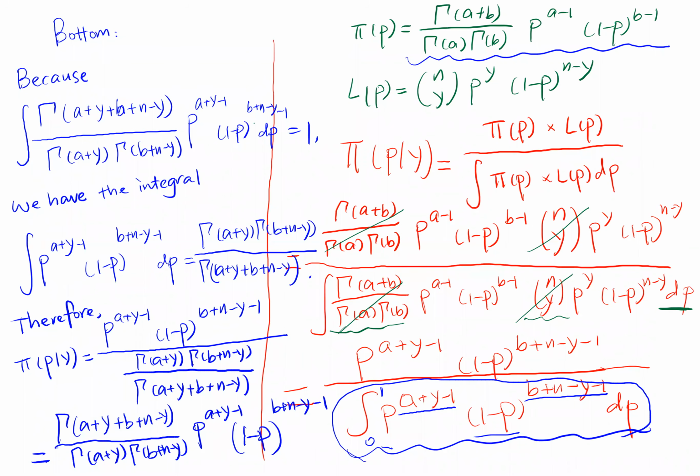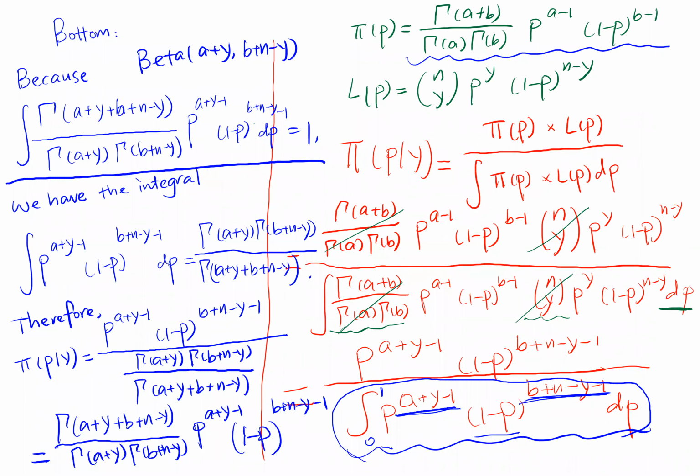And if we utilize that information by recognizing the powers, we are able to say that we do have this as given, right? This is just, if it's a beta distribution, and in particular, it's going to be a beta a plus y, and then b plus n minus y, right?